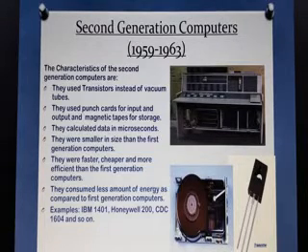So in second generation, magnetic cores were used as primary memory, and magnetic tape and magnetic disks were used as secondary storage devices.